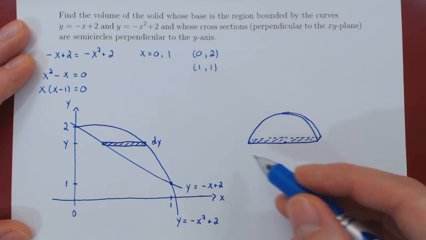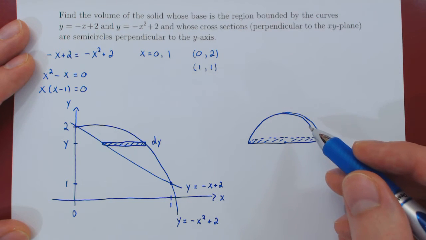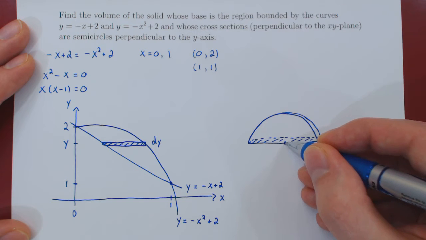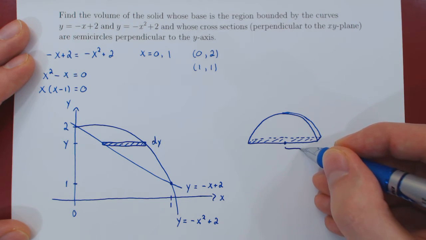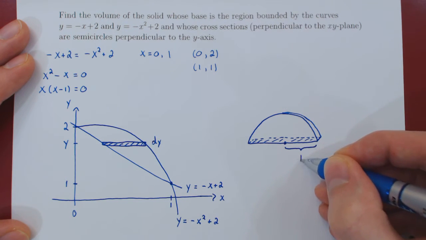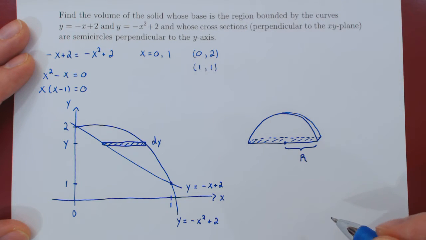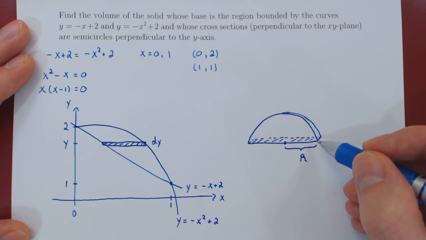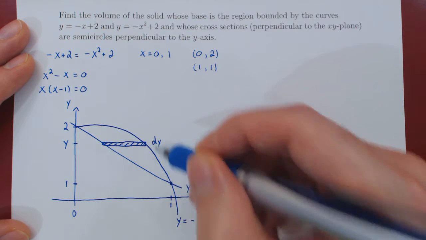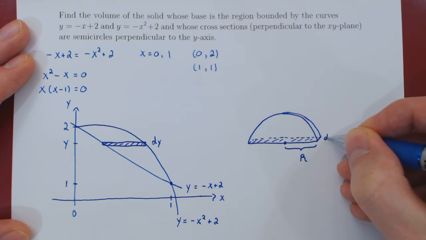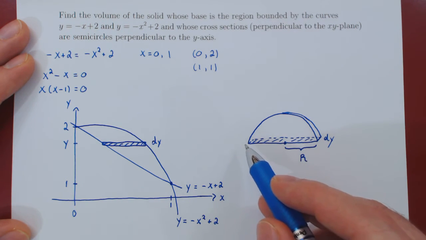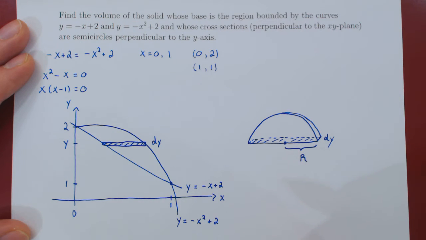So to find the volume of this little cross-section, of this little semicircle, we need two measurements. First, the radius of our semicircle, and two, the thickness of our semicircle. Well, the thickness is fairly obvious. It is the width of our rectangle, given by dy. And the radius, of course, corresponds to half of the length of the rectangle.